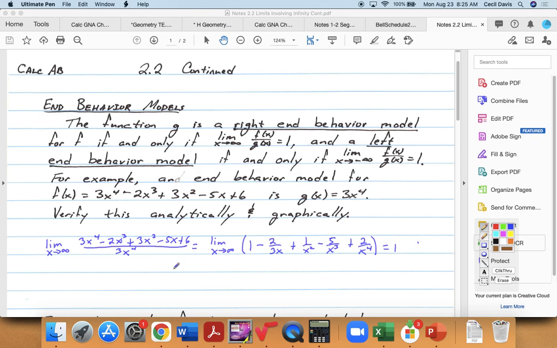Likewise, the limit as x goes to infinity or negative infinity of f of x over g of x, that's going to be exactly the same thing, isn't it?